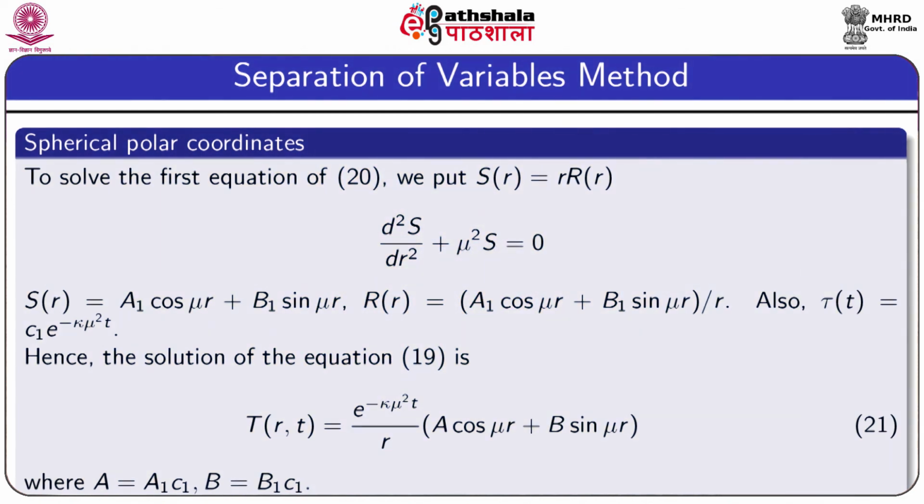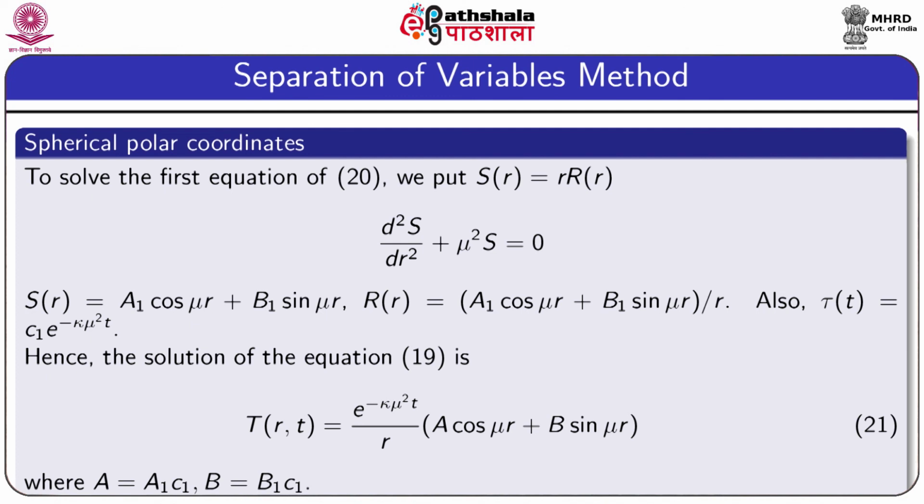Now, to solve the R equation, we substitute capital R as capital S by small r. The R equation becomes an equation in the variable capital S as d2S dr square plus mu square S equals 0, and its solution is S equals a1 cos mu r plus b1 sin mu r. So capital R becomes a1 cos mu r plus b1 sin mu r, divided by small r.